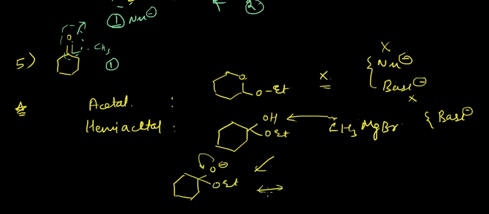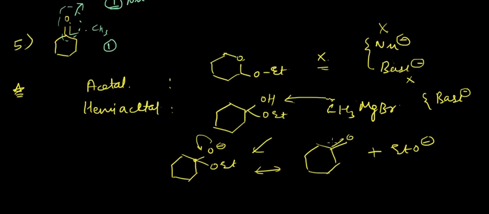What the next step the oxygen attached to the carbon atom would do is, it will have a double bond with the release of EtO minus, and now on this double bond again one Grignard reagent can attack to form something like this, and CH3 as well.